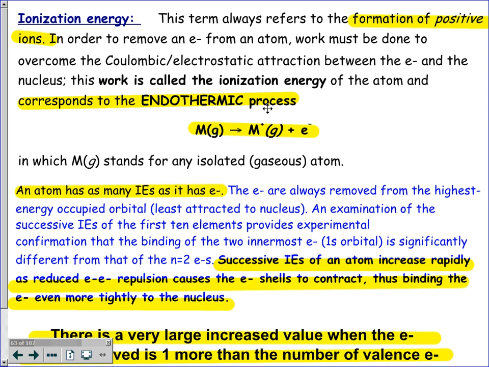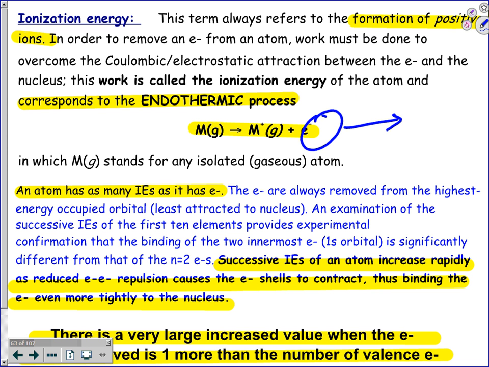So the key points here. Ionization energy is always referring to forming a cation. The equation that you should associate with that is, I'm going to say M for metal. So with the metal, we're taking away an electron, removing an electron. But to do any kind of work, we have to put energy into this.